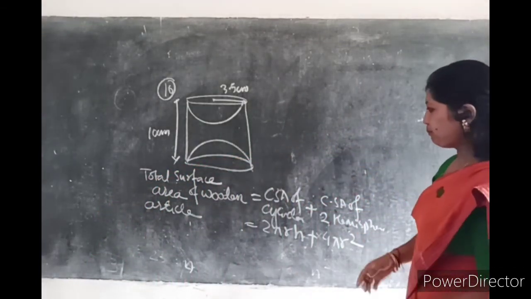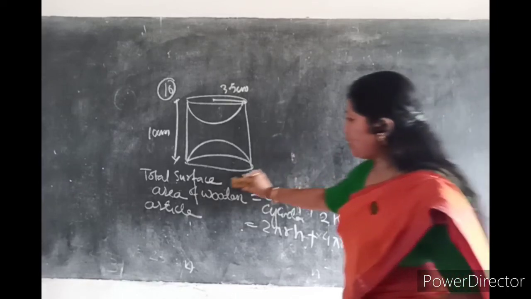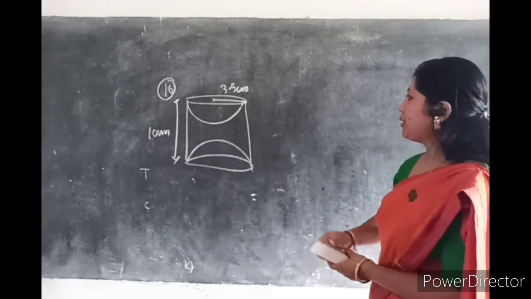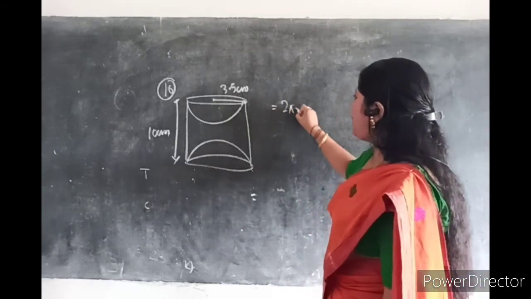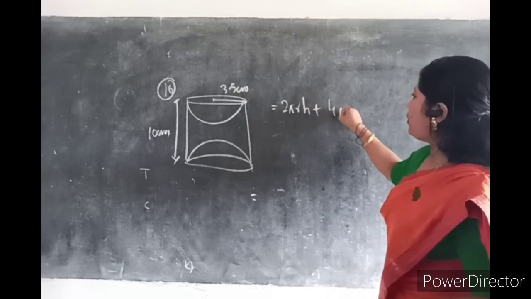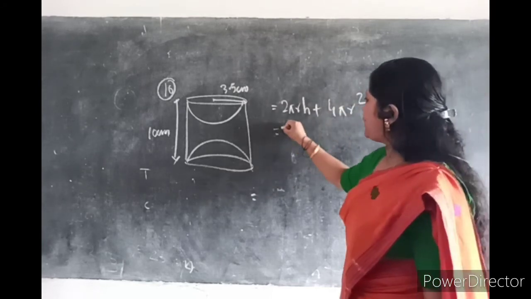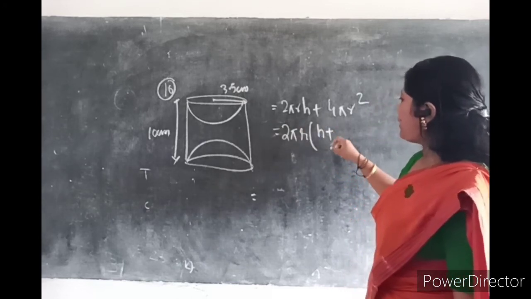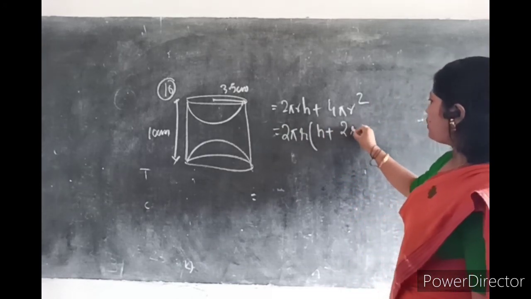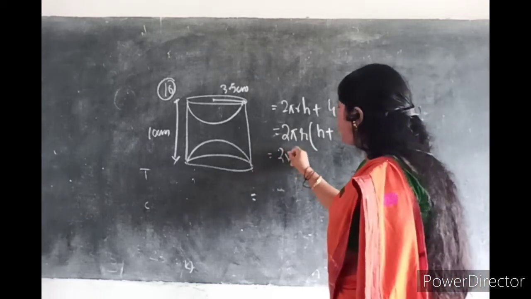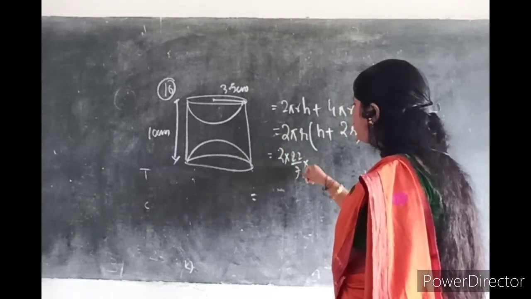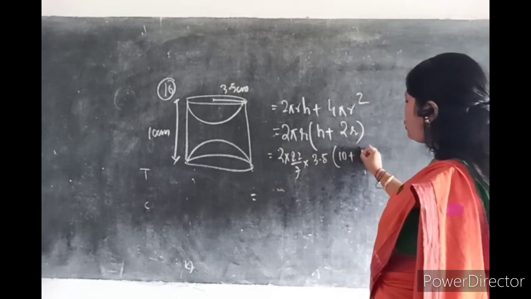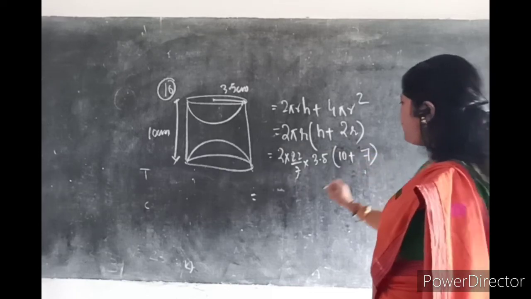So let us try to find the total surface area of this wooden article. That is given by 2 pi r h plus 4 pi r square. We can take common 2 pi and r, so the bracket will be h plus 2r. So 2 into 22 by 7 into radius 3.5, into height 10 plus 2 times 3.5, which is 7.